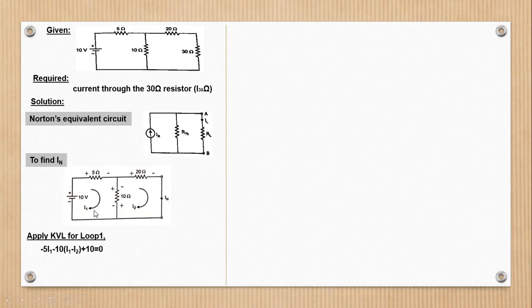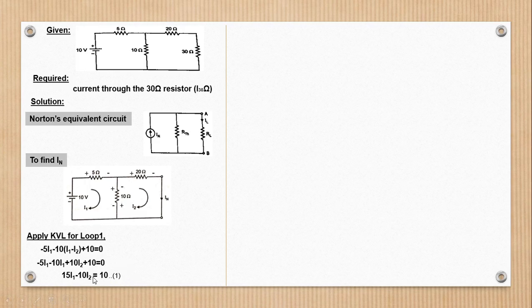In the first loop, I1 current is always positive, so plus I1, whereas I2 is opposite to that of I1, so we have written minus I2. Plus 10, that is the voltage source. The leaving end of the 10 volt source is provided with positive polarity, so plus 10 is equal to 0. So after simplifying the equation, we get 15I1 minus 10I2 is equal to 10.